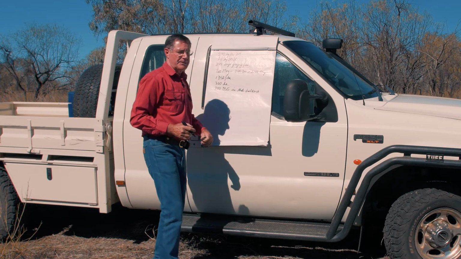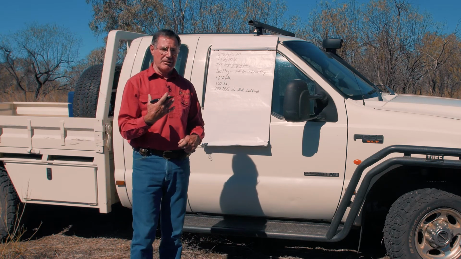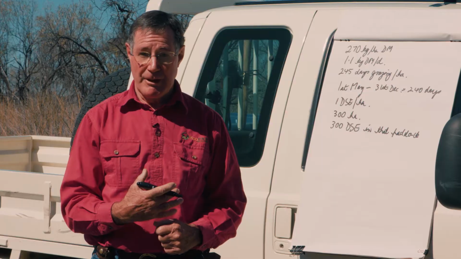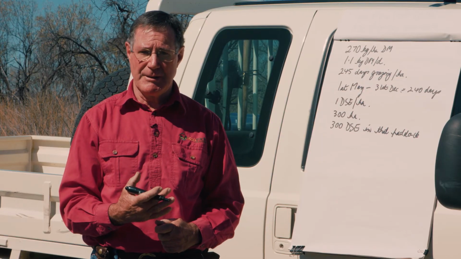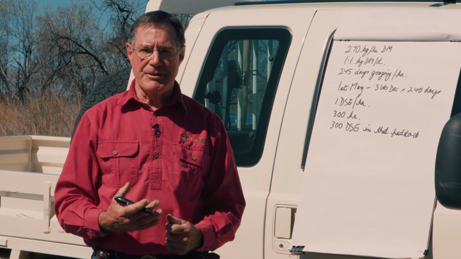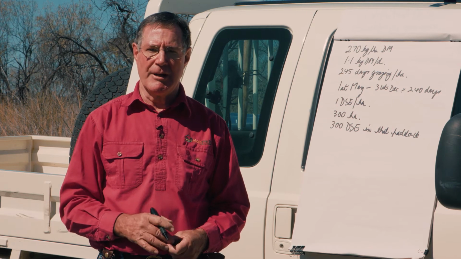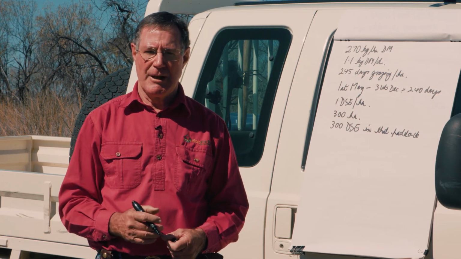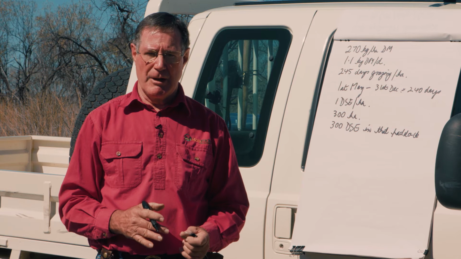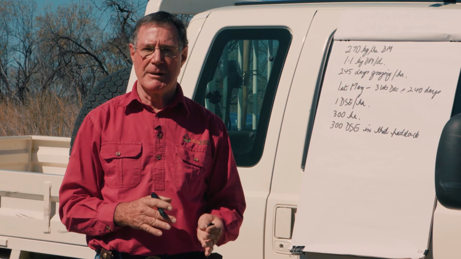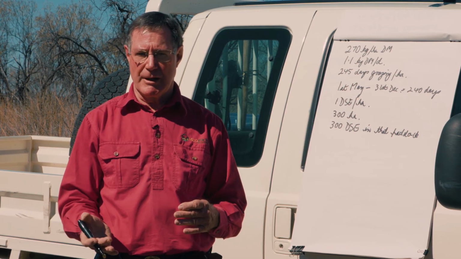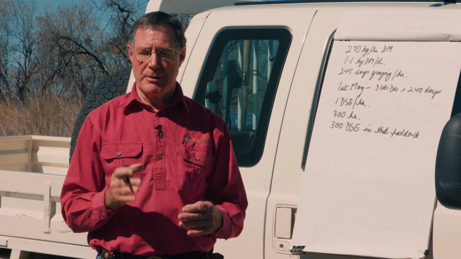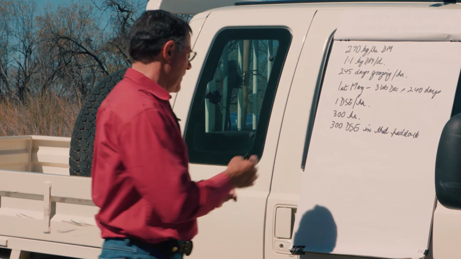Now what we need to do is convert that back to the number of goats that we can run. We know we can run 300 DSE, but in this instance we might want to run nannies and kids in that paddock. So a doe that's either pregnant or with a kid at foot is 1.5 DSEs.